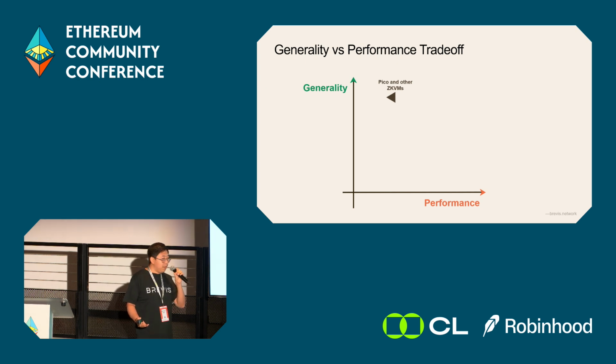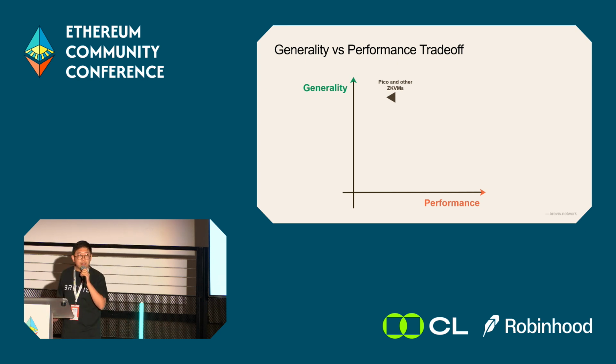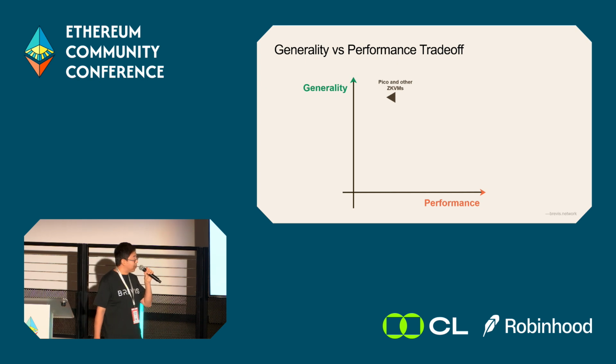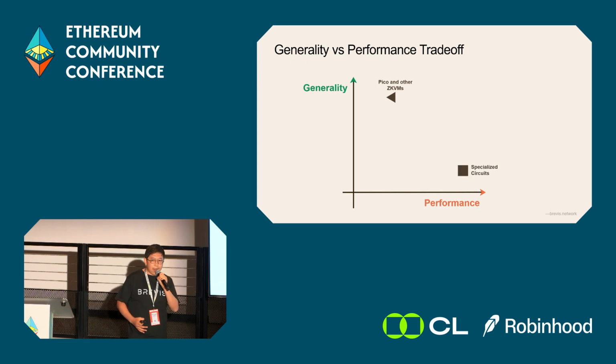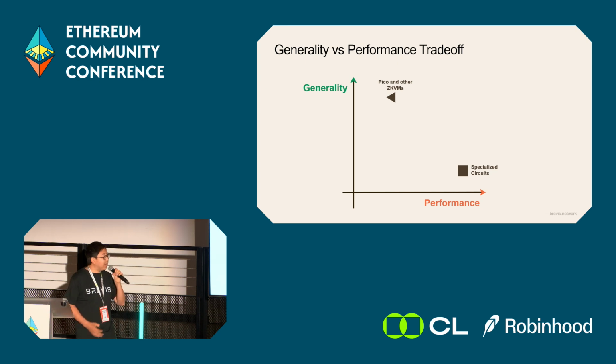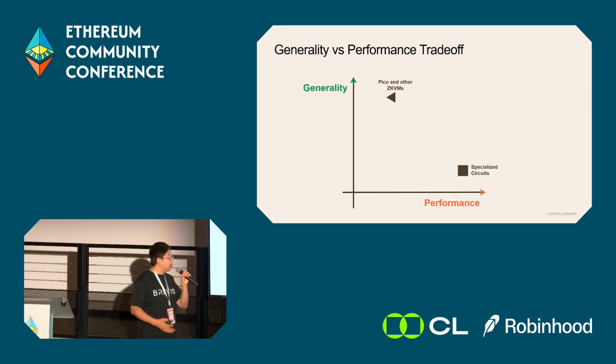But the problem is that you are sacrificing some level of performance, and in some cases, a pretty significant level of performance. What you can also do in ZK to build verifiable computing systems is make a very specialized circuit that's very hard to write, very hard to use, and very hard to interact with. You have high performance, but it can almost only do one thing.